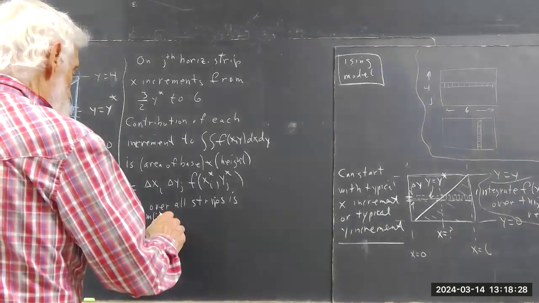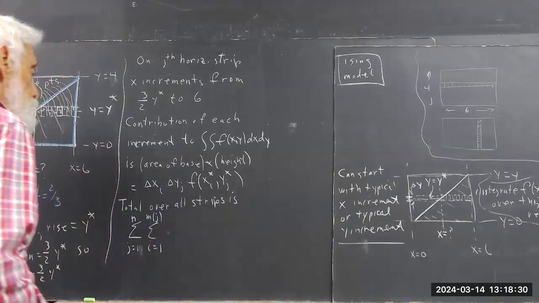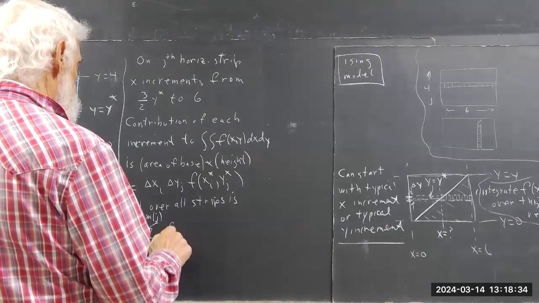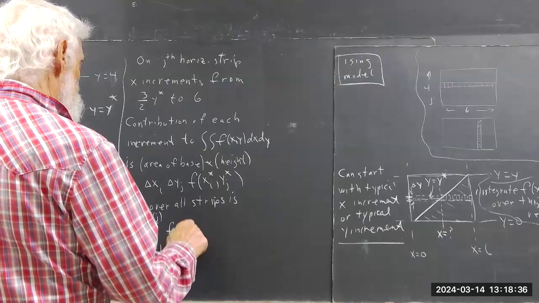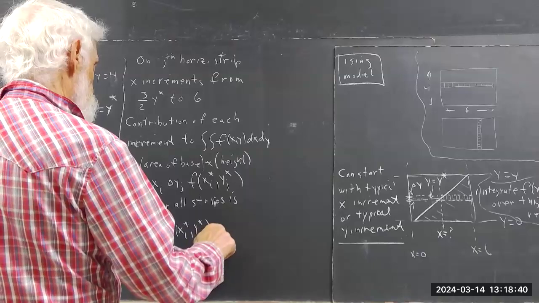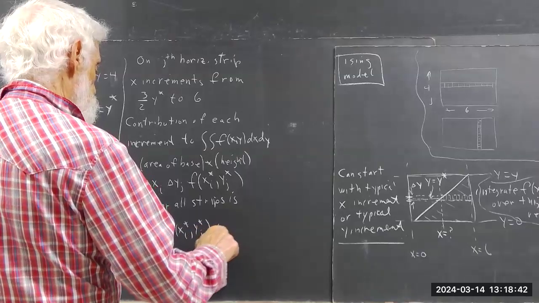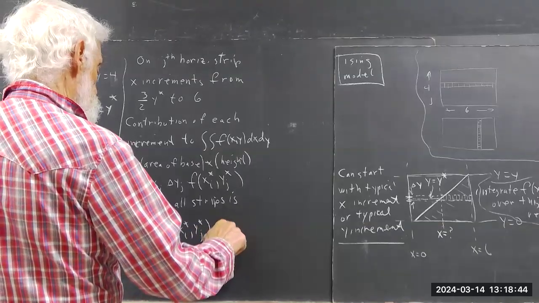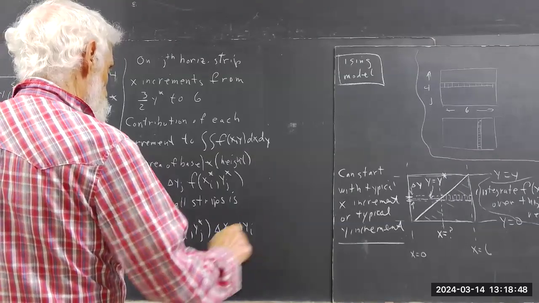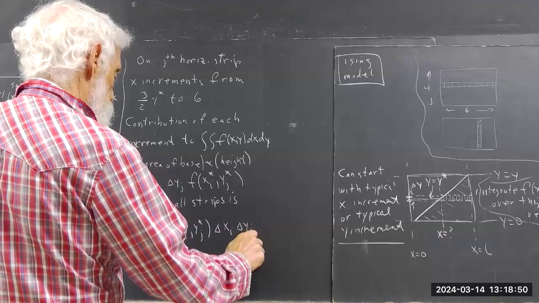Okay. And then that's going to be f of xi star, yj star, delta x delta y.